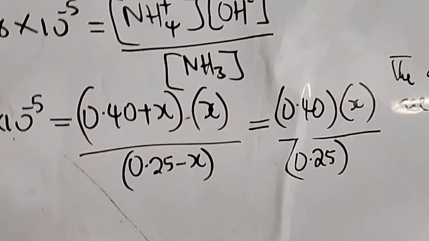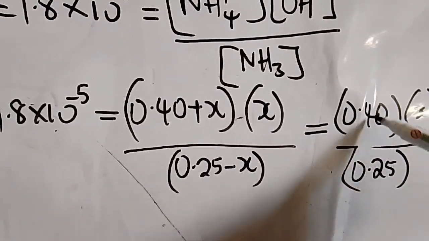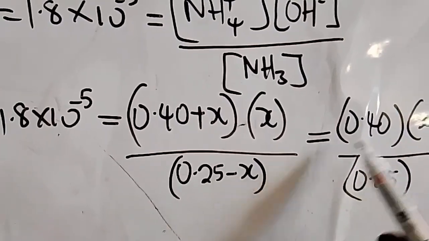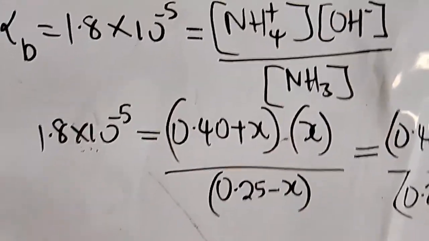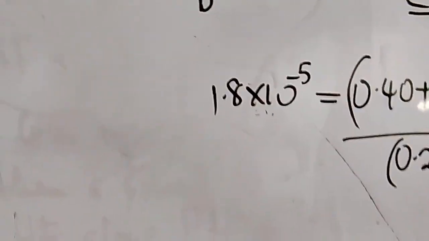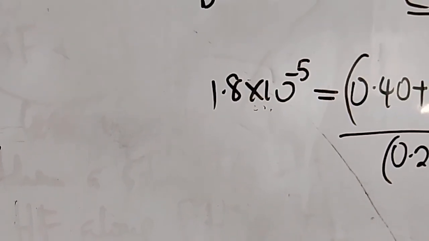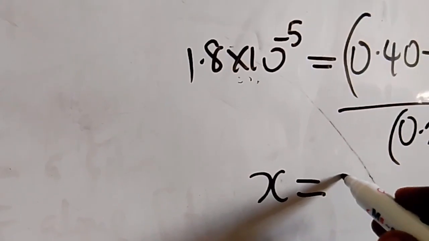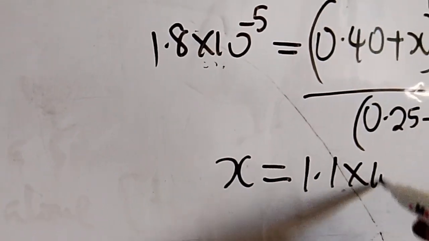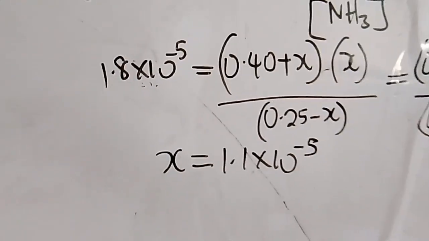Okay, so we can now solve for X. You divide there, then afterwards you find X. In this case, when you divide, you are going to find that X is equal to 1.1 times 10 to the power negative 5.